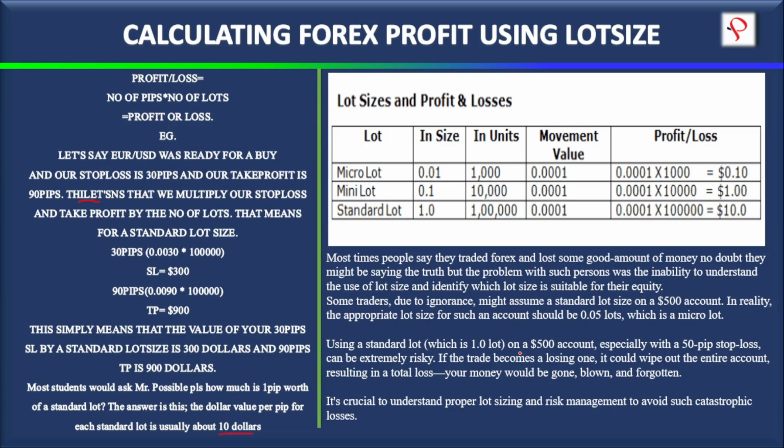Now, using a standard lot, which is 1.0 lot, on a $500 account, especially with a 50 pip stop loss, can be extremely risky if the trade becomes a losing one. It could wipe out the entire account, resulting in a total loss. Your money would be gone, blown and forgotten. So it is crucial to understand proper lot sizing and risk management to avoid such catastrophic losses.